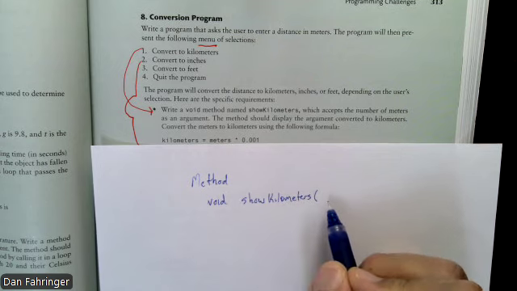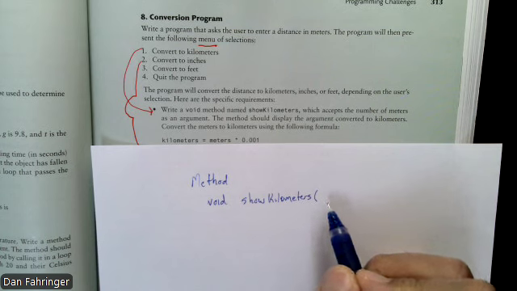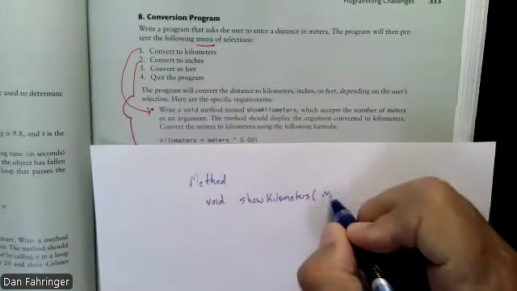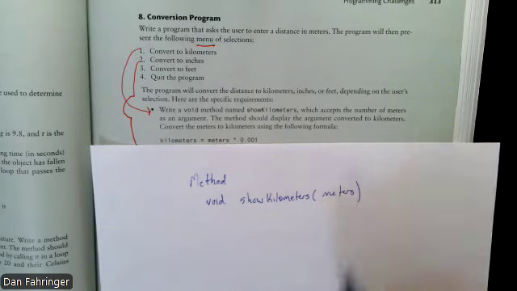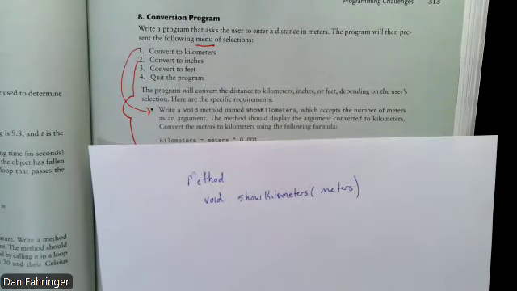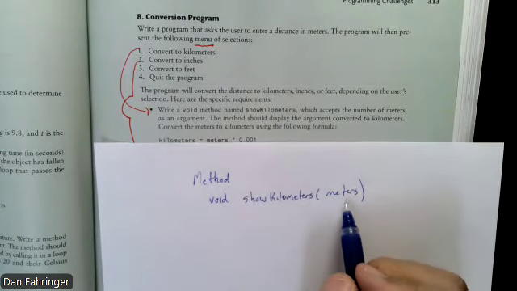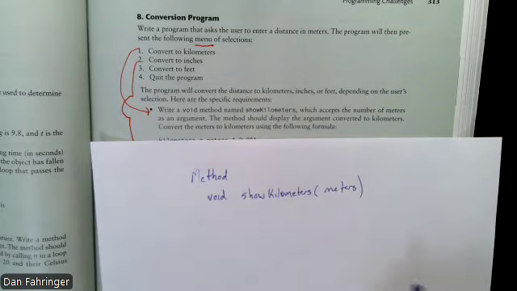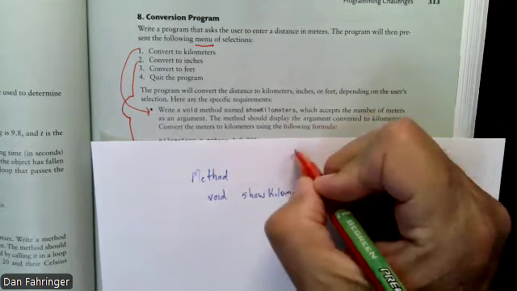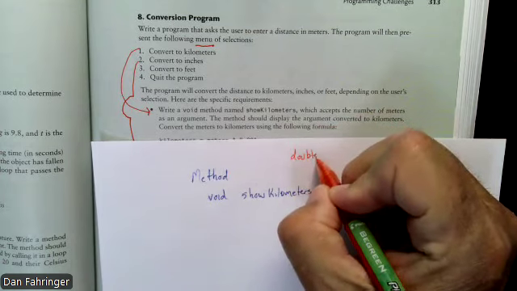Does anything need to be passed in? The meters. Yeah, the meters is going to have to be passed in. While I'm thinking about it, what data type might meters be? Double. Yeah, double.